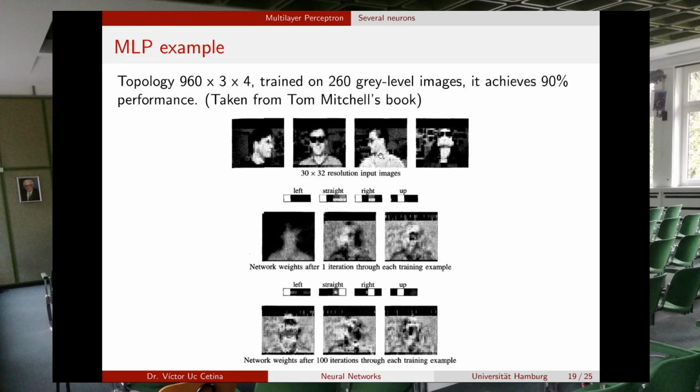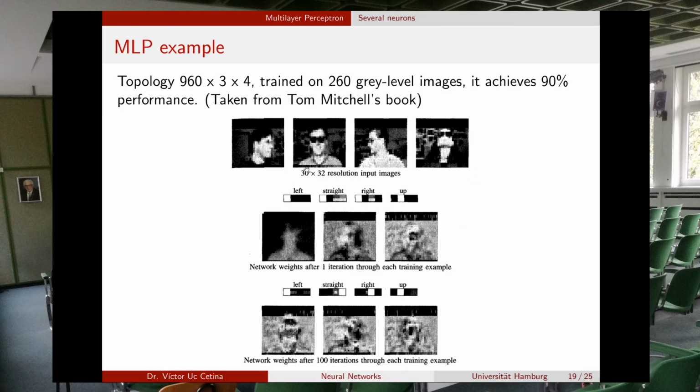Then if the person was looking to the right, only the third neuron was activated. And if the person was looking up, only the fourth neuron was activated. So they trained this with 260 images in the dataset, and they managed to get 90% performance.